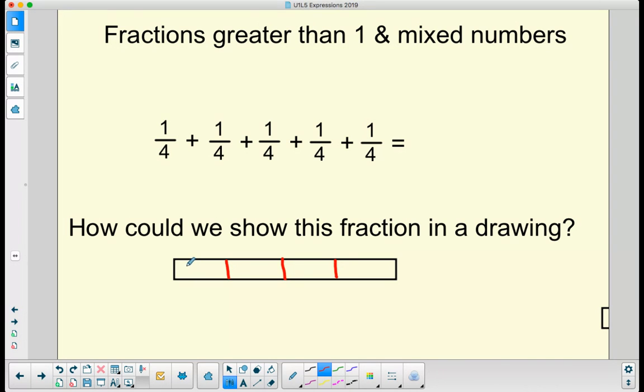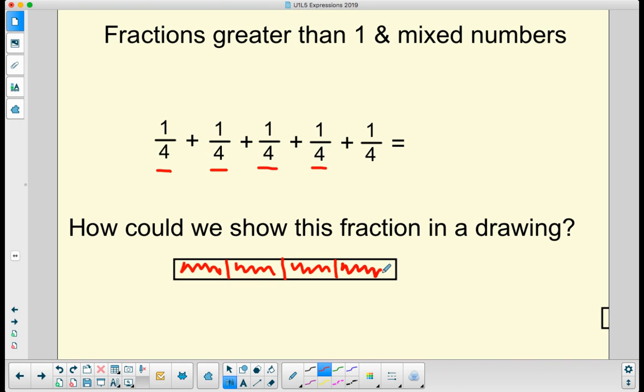So there's 1/4, that one, plus 1/4 right here, plus 1/4 right there, and plus 1/4 right there.